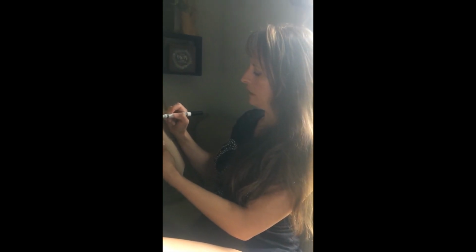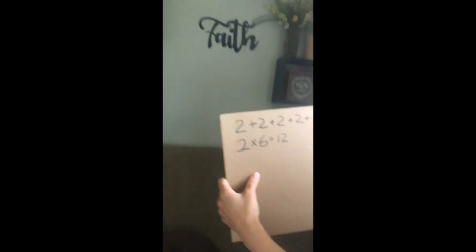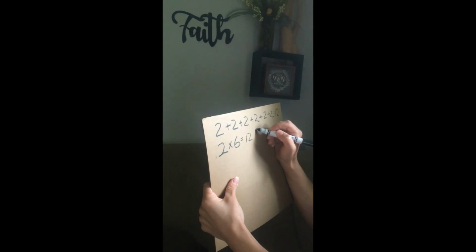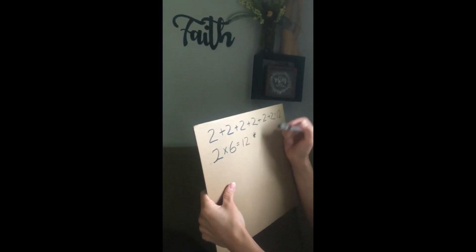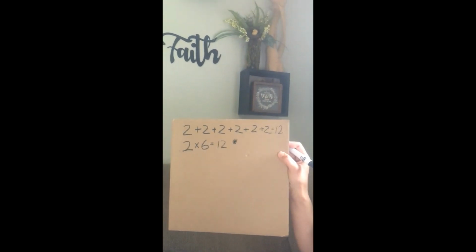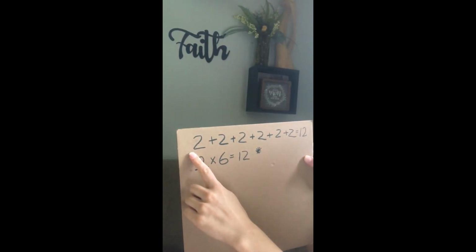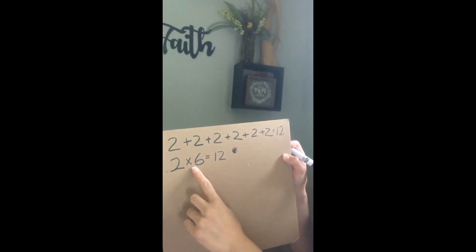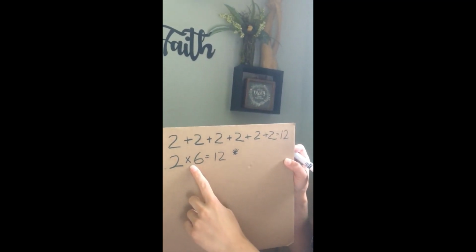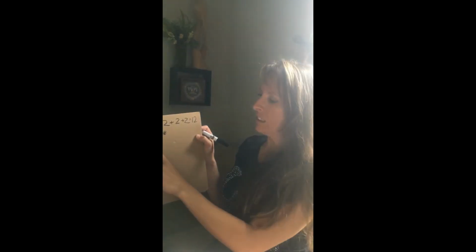They both equal the same thing. Multiplication sign looks like this. Sometimes on your computer, you might see it look like this. This is only really if we're using a computer. It looks like a little star like that. There's an easier way to do all of this addition, and that's by using multiplication. So instead of just writing out 6 2's, we have an easier way to do it.